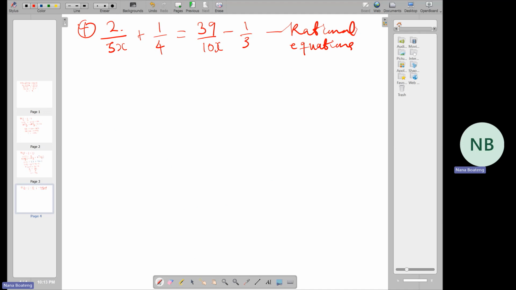We can see that if x is equal to 0, the denominator in 2 divided by 5x would become 2 divided by 5 times 0, which is 0. So it would become 2 divided by 0, and this is undefined.